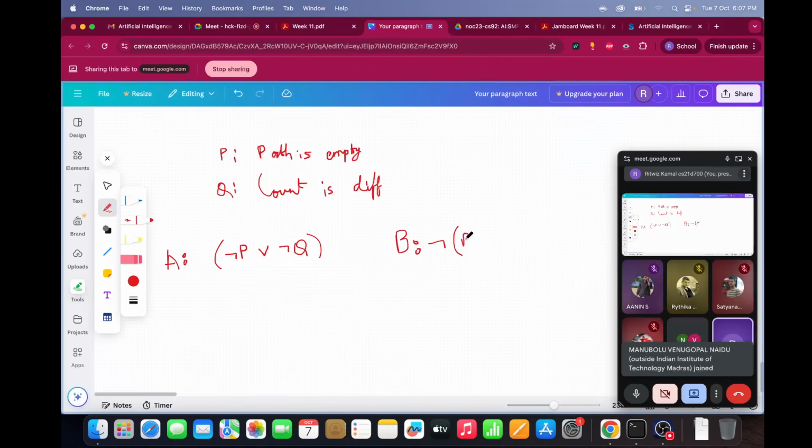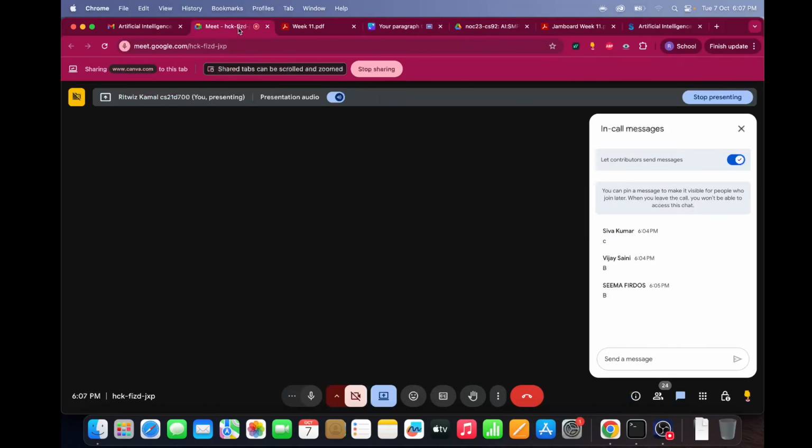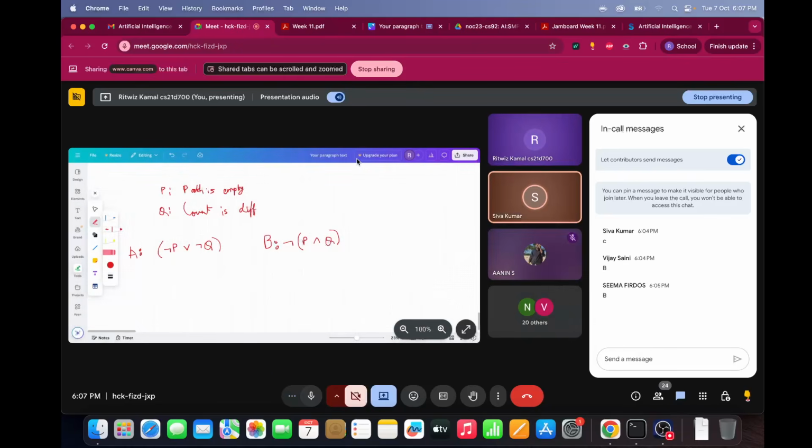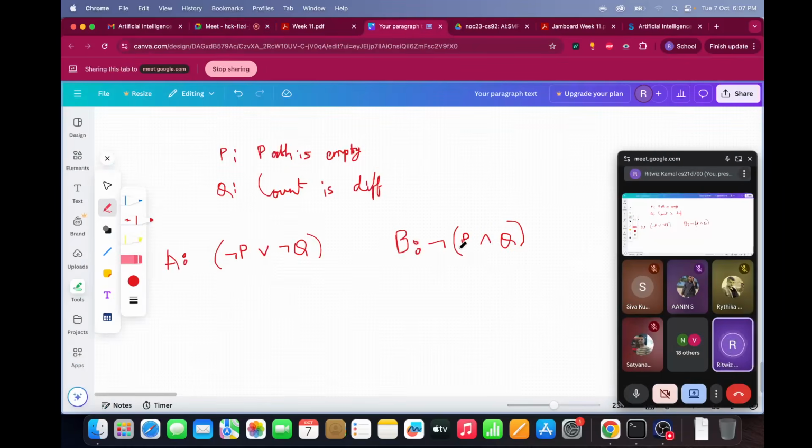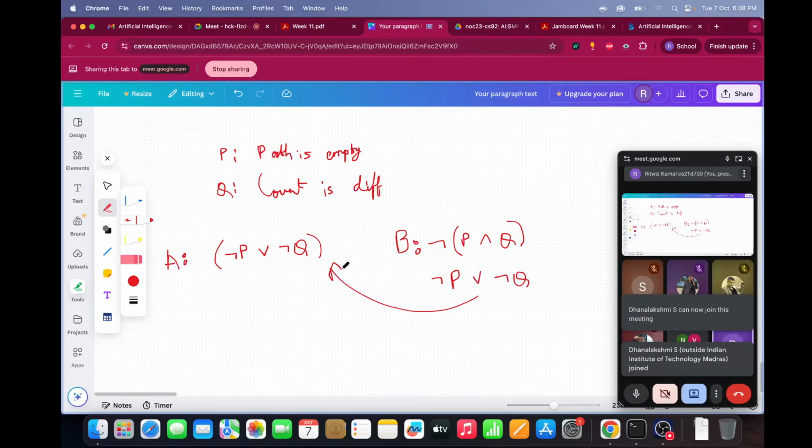So this becomes P and Q. Now if you expand this expression B using De Morgan's law, what will we get? Negation P or negation Q. Exactly. So when we expand this, we will get negation of P, this AND will become an OR, and negation Q, which is exactly the same as what A is. So we know that it is actually an equivalence.